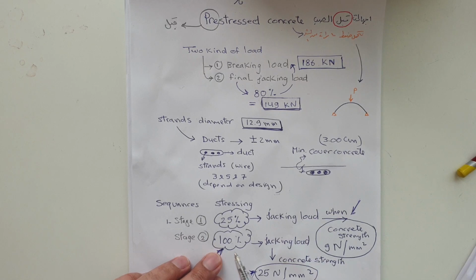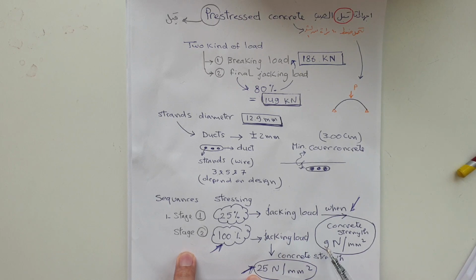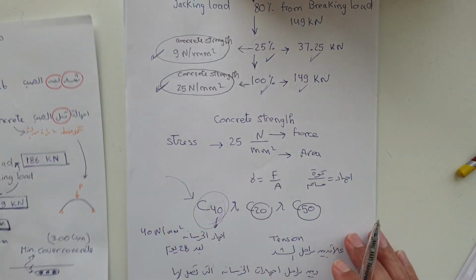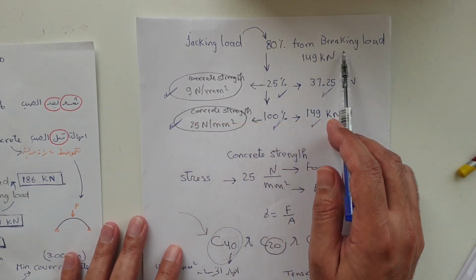In the second stage, we take 100% of the jacking load. This is when the concrete cube test reaches 25 newton per millimeter square, and this is also maybe after 3 days. After 1 day we can reach 9, after 3 days we can reach 25. So as we said before, jacking load is 80% of the breaking load.